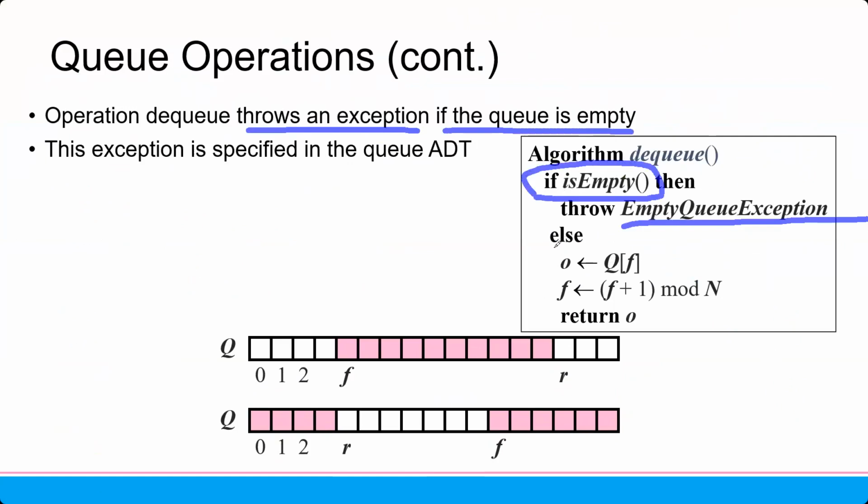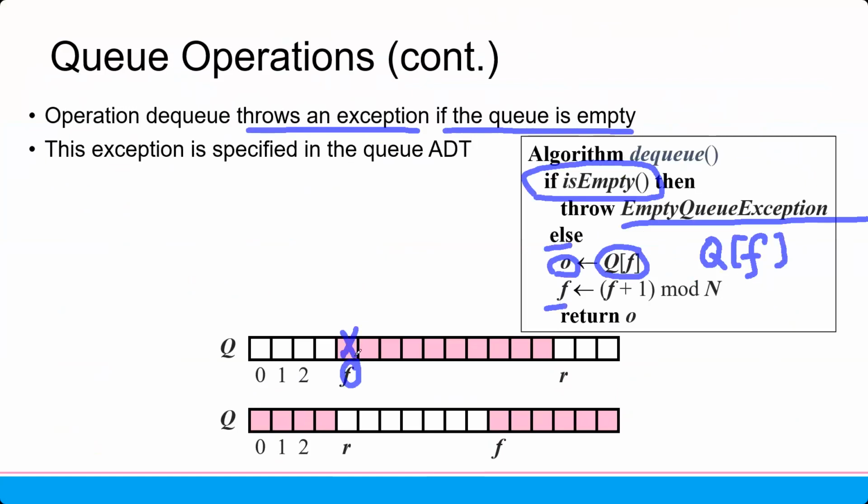If it is not empty, then let the object O equal the queue at index F, the index of the front. And we need to update the front F.